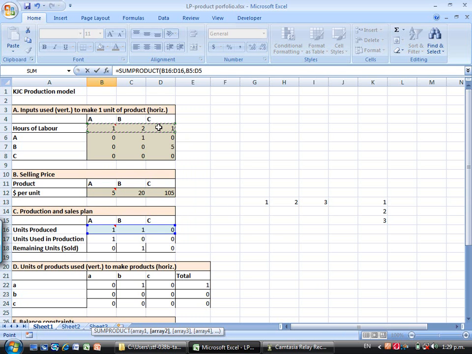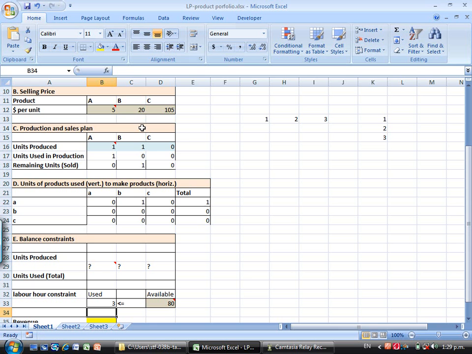Now what we can see here is that 1 unit of A is produced requiring 1 labour hour. We're going to add to that the fact that we produced 1 unit of B which required 2 labour hours, which means that we should have a total of 3 labour hours that we used.